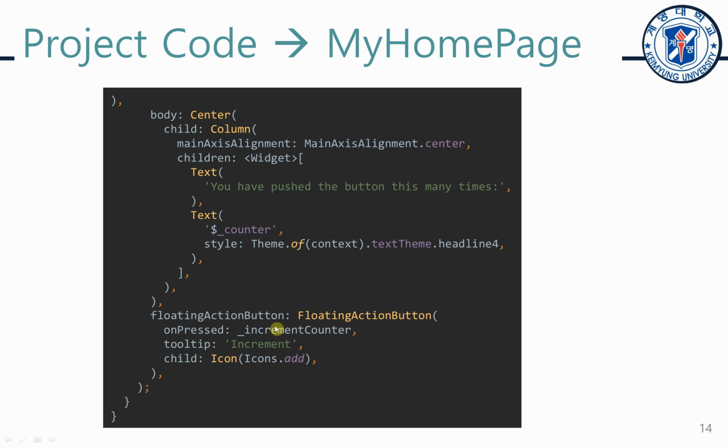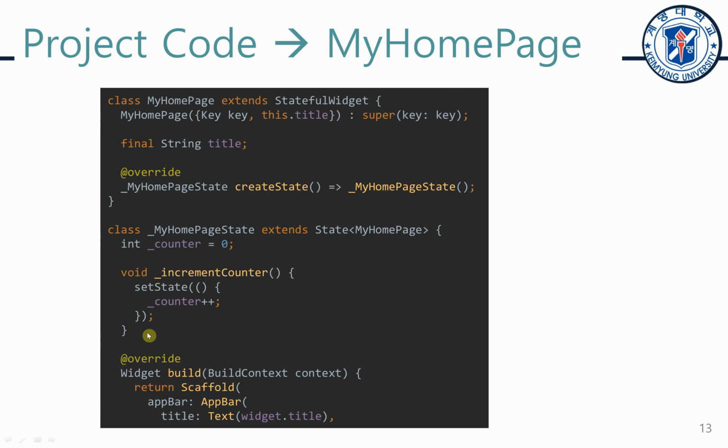If we go back and check, the increment counter method increments this counter and calls the set state method. That means every time some data has changed, you have to call the set state method so that everything is rebuilt.